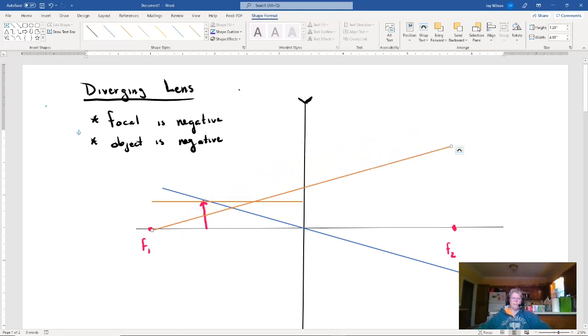Tip this up. So what we've got is the parallel ray is going to appear to come out through this focal point. So I'm going to have to get this lined up so that it goes through there and through here.